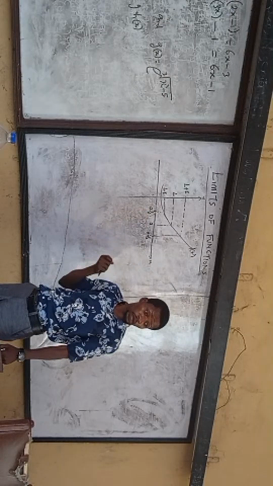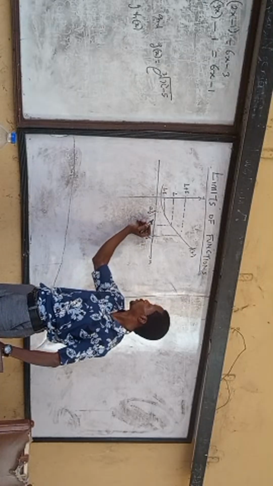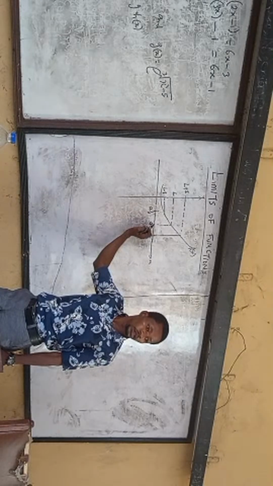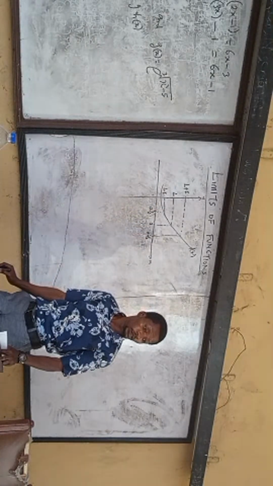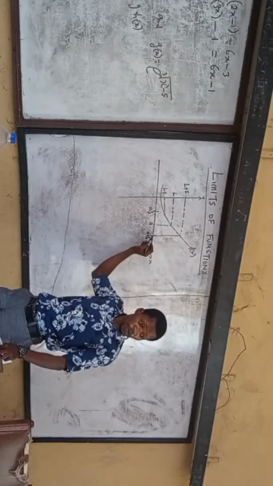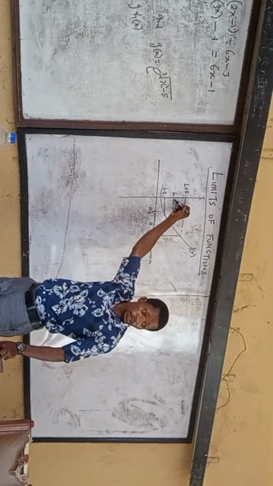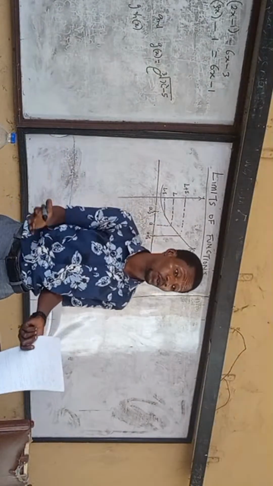So as x is approaching this A, the value of the function will be approaching L. I can also start from the other side, and as the number approaches A, the value will also be approaching L. But they may have the same value at the end of the day, or different values.